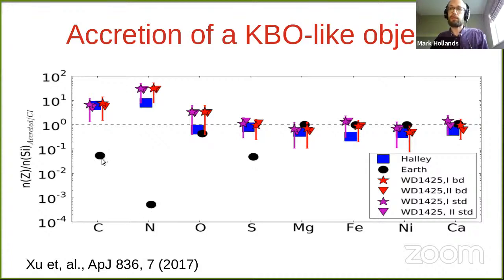And these are not elements that are particularly prevalent in rocky material, like in the Earth. But if you look at the comet Halley, it's almost a perfect match to the abundances. So it really shows the power of what you can do with the spectroscopy in matching to different types of planetary objects.